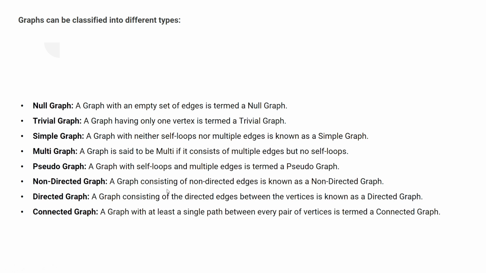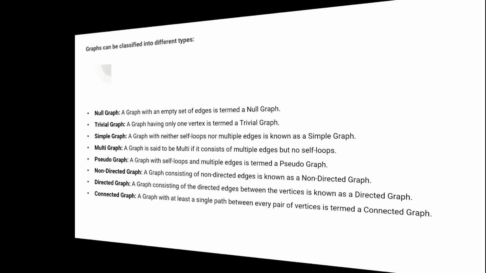Non-directed graph: a graph consisting of non-directed edges is known as a non-directed graph. Directed graph: a graph consisting of directed edges between the vertices is known as a directed graph. Connected graph: a graph with at least a single path between every pair of vertices is termed a connected graph.